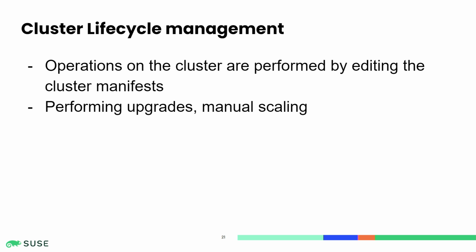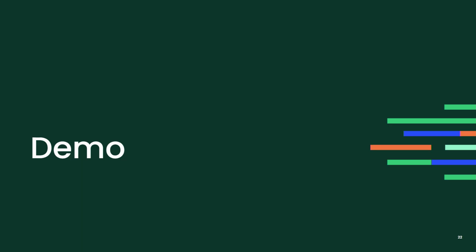It will work in tandem with Fleet, so it will be fully GitOps compatible, and it's a typical operation you would expect a customer to perform, like upgrading the version or scaling workers and control planes up and down. In this case, we're going to scale control planes, which uses RKE bootstrap and control plane providers under the hood. So that's more or less it. Let's jump to the demo.